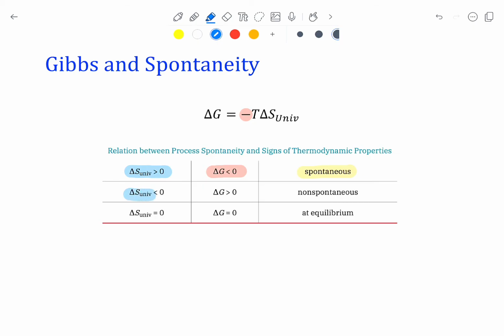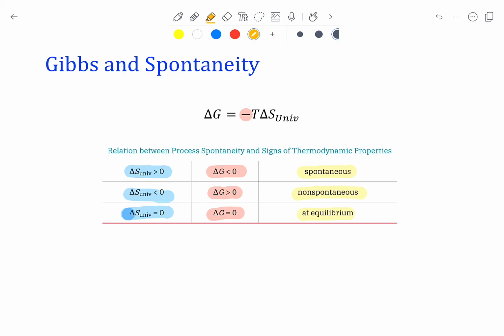If delta S is negative, then delta G is going to be positive. Again, they're opposites of each other. And the reaction overall is going to be non-spontaneous. And whenever both of these are at 0, so delta S is at 0, delta G is at 0, then we say that the reaction is at equilibrium, which we'll learn about more in a future chapter.